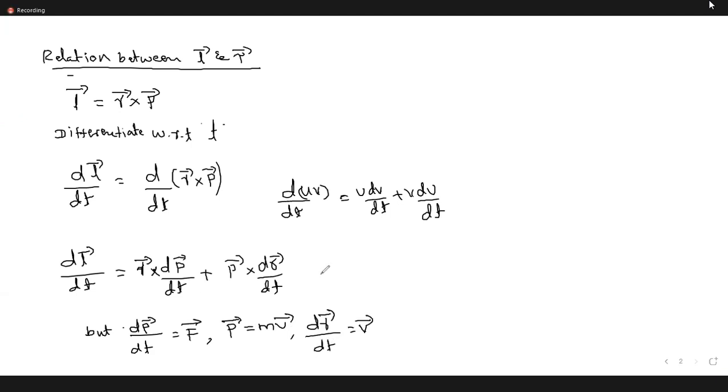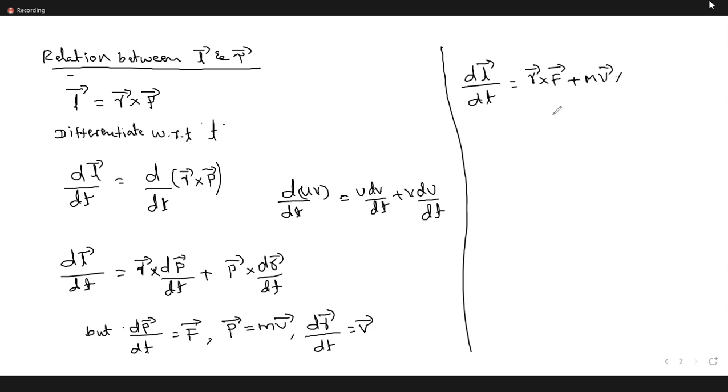Substitute all this in the equation. So dL by dt equals r cross F plus m into v cross v, since dr by dt is v only.